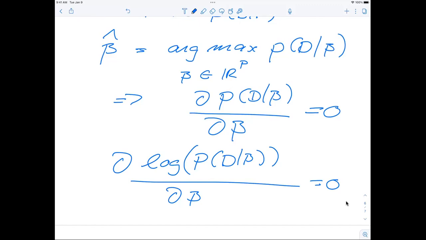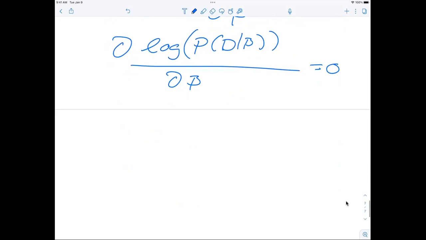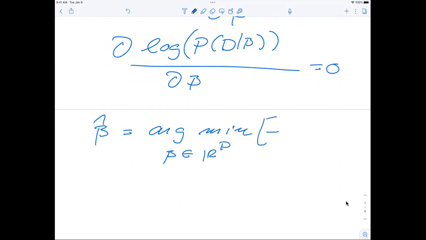A minus sign. So instead of maximization, we could now minimize. The equivalent problem is to do an arg min over beta in this range of values of minus the log of P of D given beta.